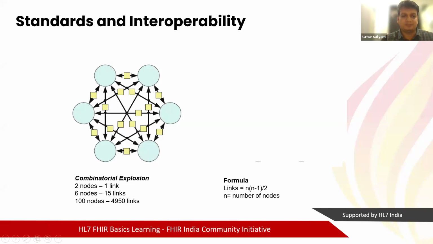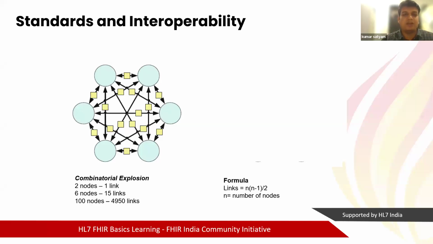Suppose you get to 100 systems that need to be connected together, which is not abnormal. In a typical decent-size healthcare ecosystem, you will have around 50 to 80 systems to deal with. So suddenly your number of connections will go out of hand if you're not using standards, right?